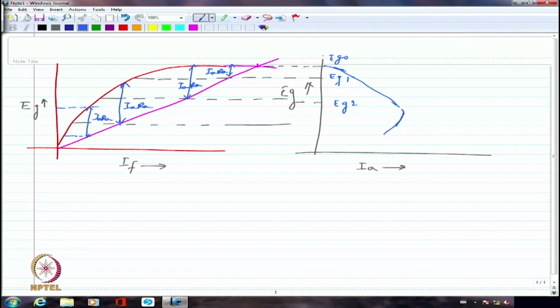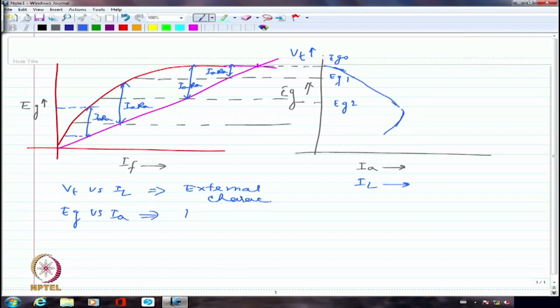When I plot EG versus IA, I call that the internal characteristics. Whereas if I plot VT versus IL, that is known as external characteristics, whereas EG versus IA is known as internal characteristics.